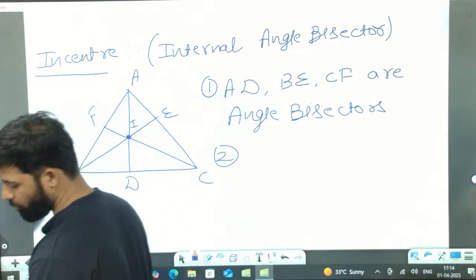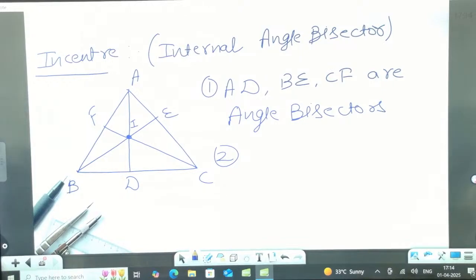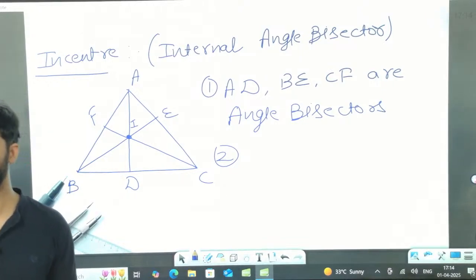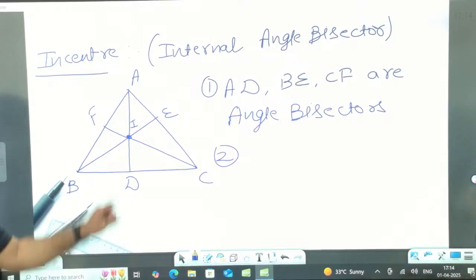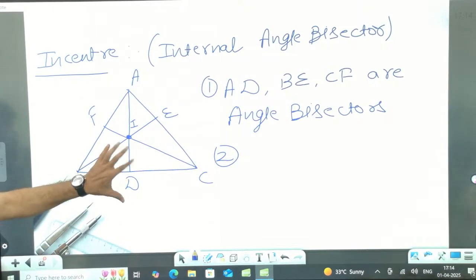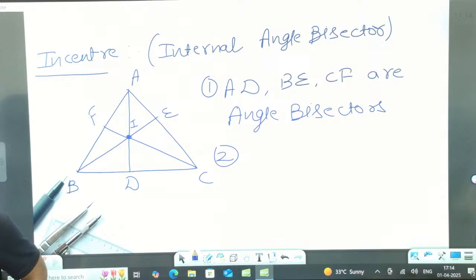And the intersection point of these angle bisectors is known as incenter.